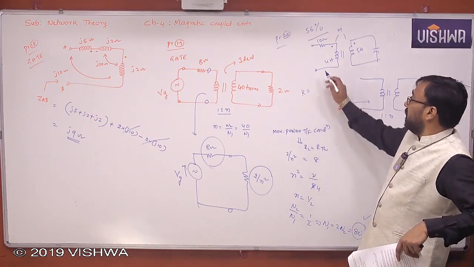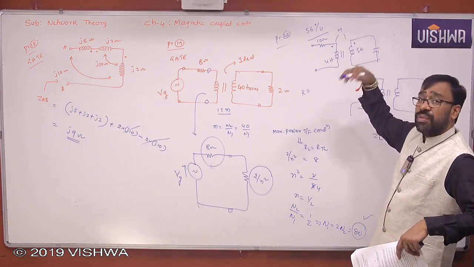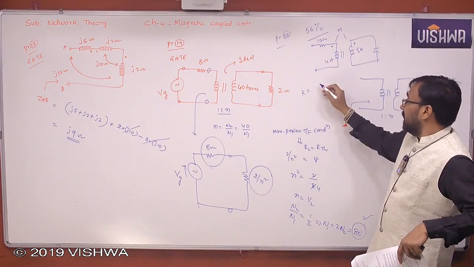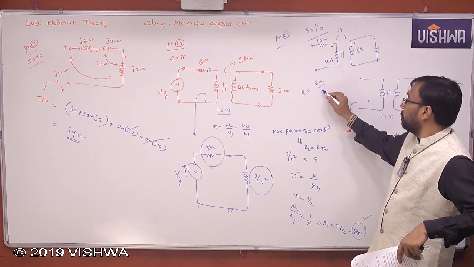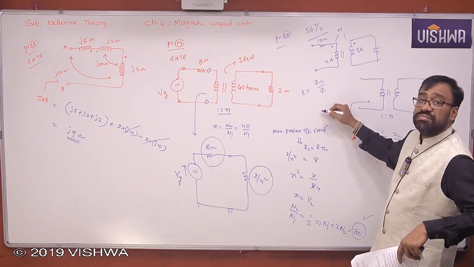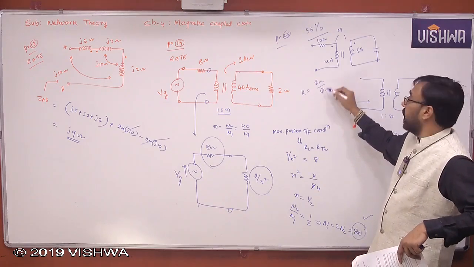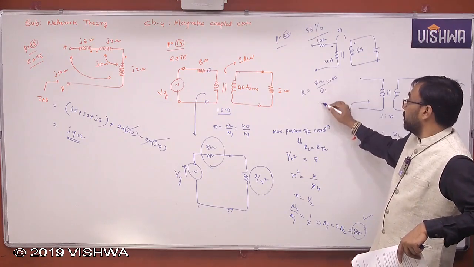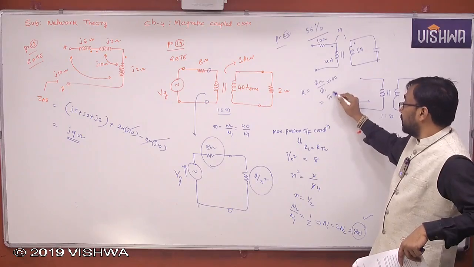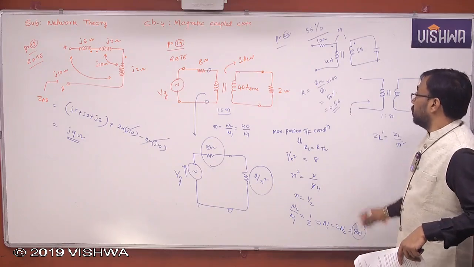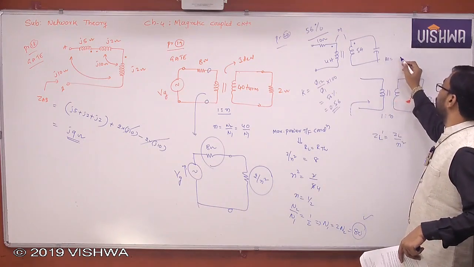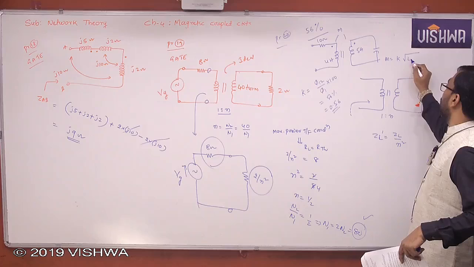So 56% of total flux emanating from one coil means phi 12 by phi 1, into 100 actually. So that is nothing but 56%. That means 0.56. Understand? So it's just M is equal to K times root L1 L2.